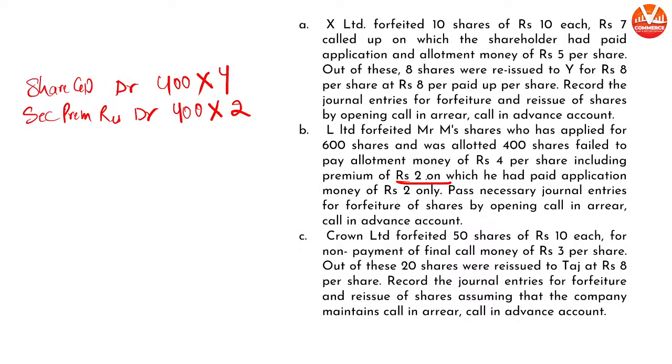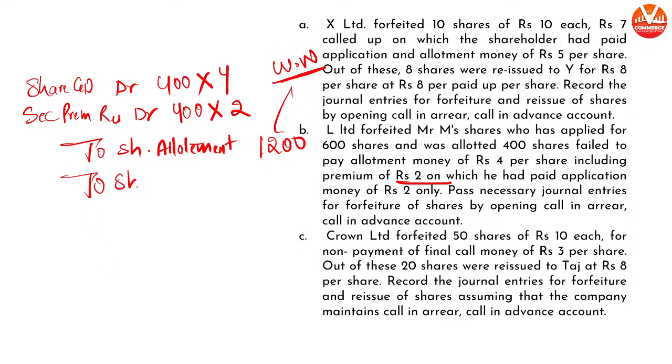Then share allotment. How much calls in arrears were there at the time of allotment? He is not paying us allotment and calls in arrears at the time of allotment are 1200. This we have calculated from working note.